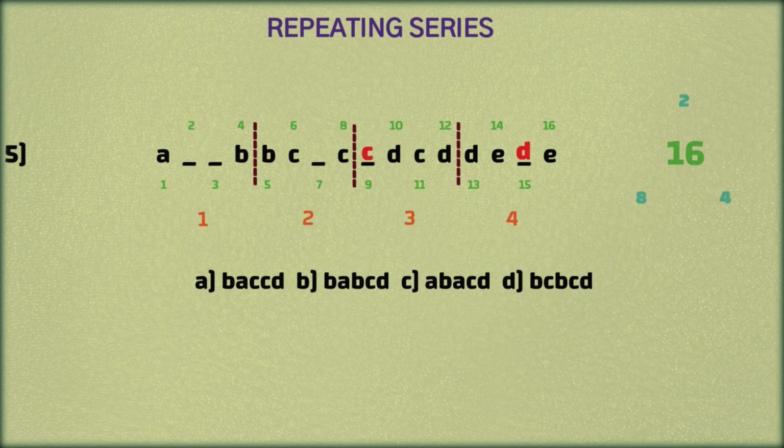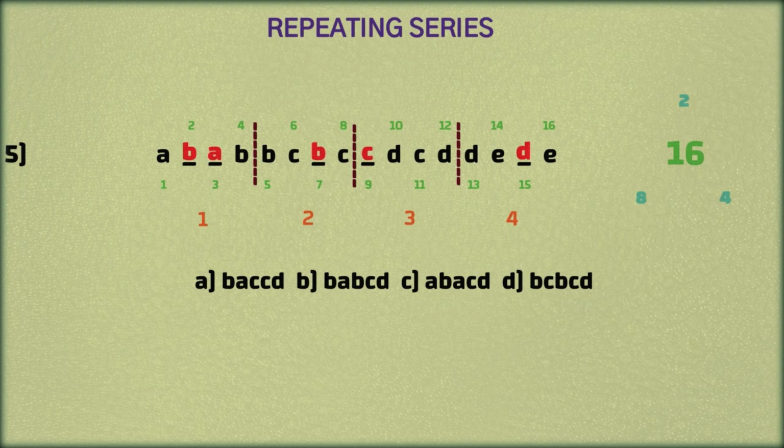So we get E-D and D-C in the fourth and third group. If we apply similar logic in the second and first group, then we can easily say that the missing letters in the remaining 3 positions will be B, A and B.